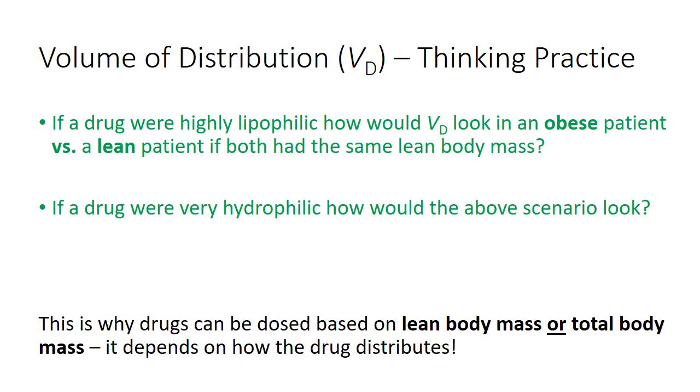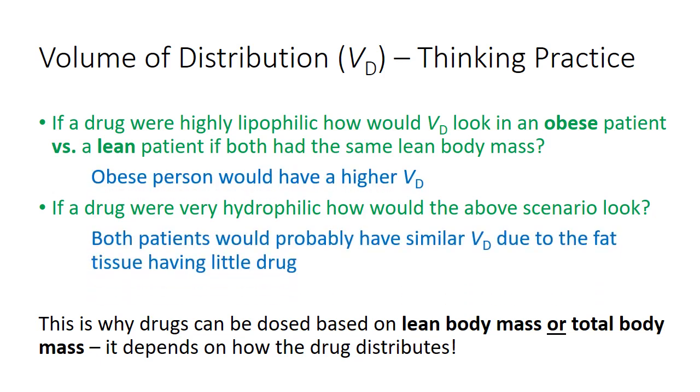Very lipophilic drugs, especially if the blood concentration is critical, like if it's a narrow therapeutic window drug, then yeah, you might dose it based on total body mass. If we're talking about a very lipophilic drug, then obesity would affect that. So it's, again, very practical stuff here. Okay, obese person, higher VD. For a hydrophilic drug, both patients have a similar VD.